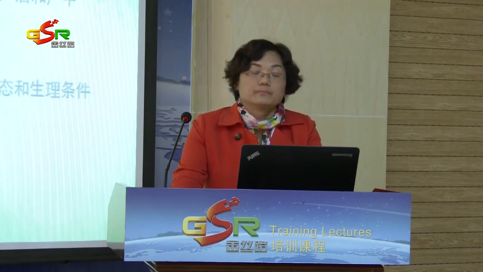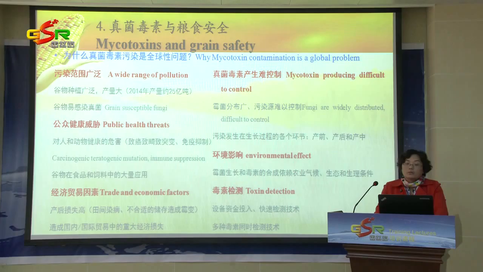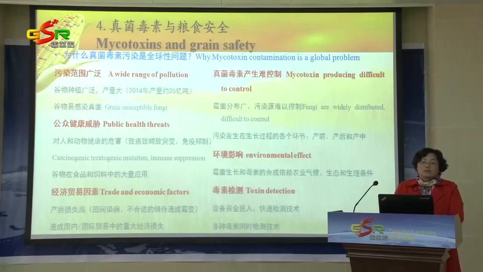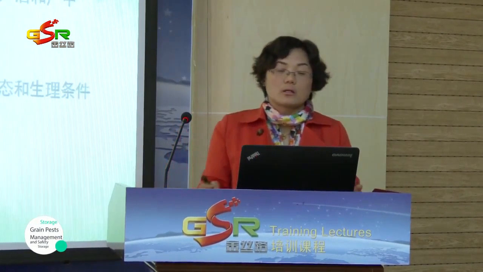Molds not only induce grain mold, but they can also produce mycotoxins. In recent years, when we talk about grain safety, it is mostly threatened by mycotoxins. Why is mycotoxin contamination a global problem? First, there is a wide range of pollution. Grain pollution is widespread all over the world.